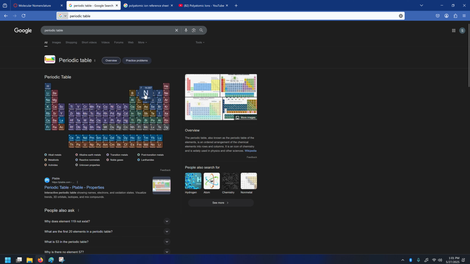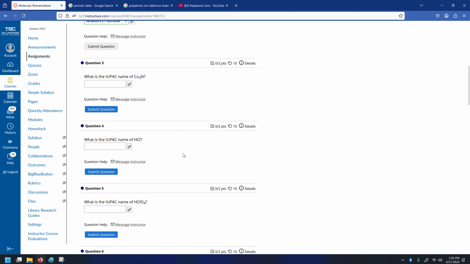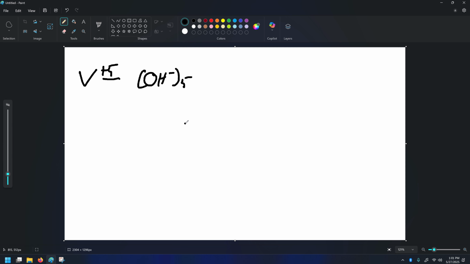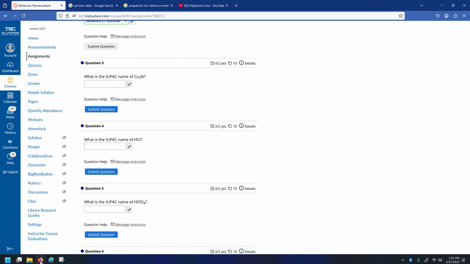The nonmetals will pretty much always make minus charges. And so I'm going to use that information to figure out what the charge and subsequent Roman numeral of my copper should be. So copper is a question mark to start off. Nitrogen, though, prefers to make a -3 charge.